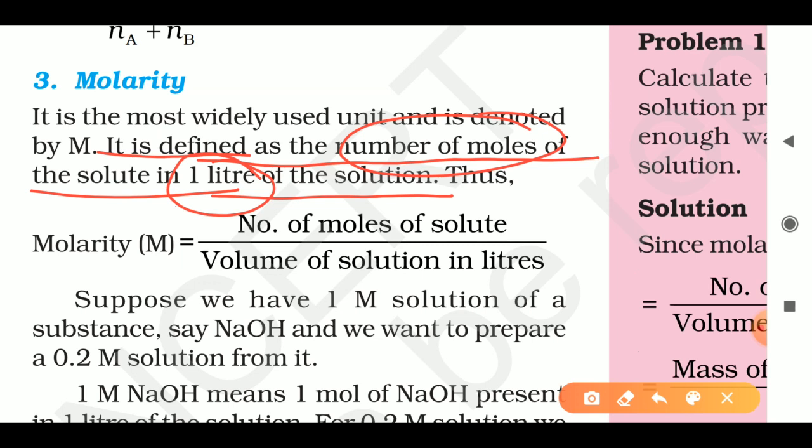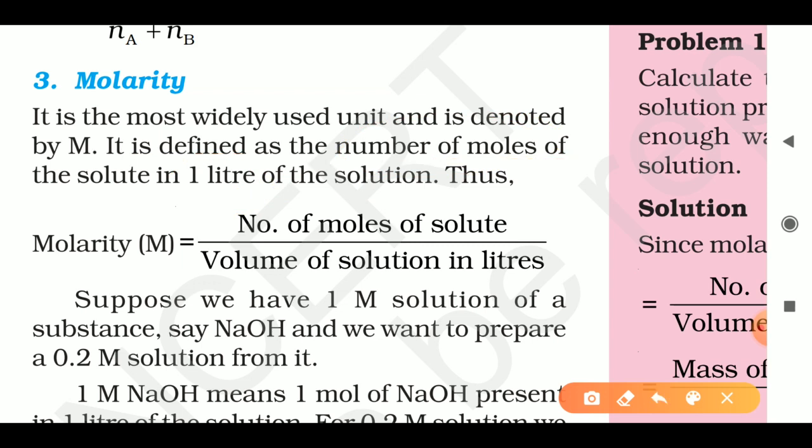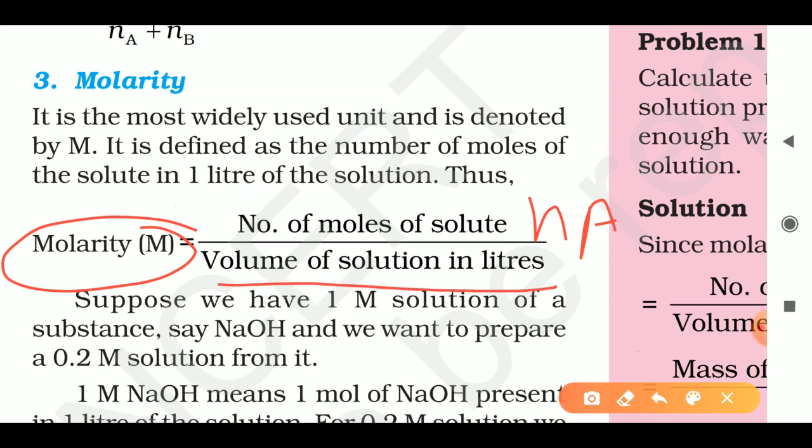Now what is the formula of molarity? Molarity, capital M, its formula is capital M equal to number of moles of solute, that means Na or Nb, upon volume of solution in liter.